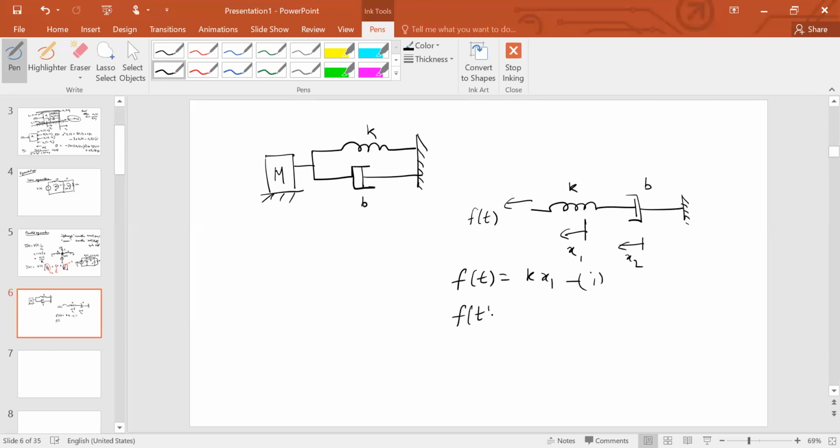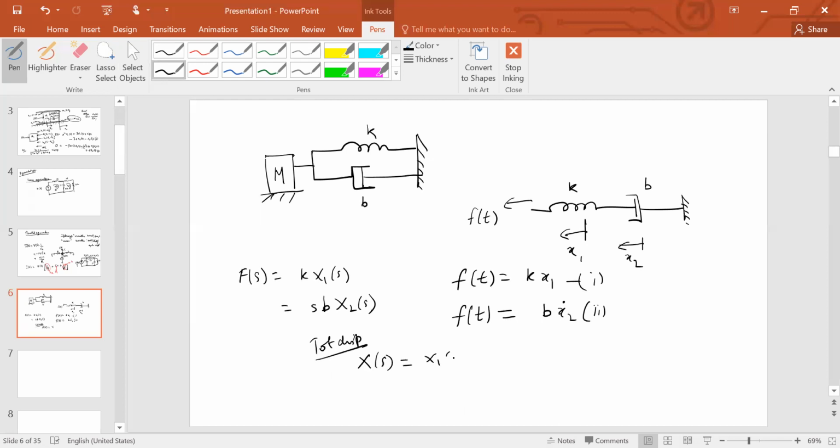And you would also know that F is equal to B times x2 dot. Taking the Laplace transforms, you would see that F of S is equal to K times X1(s), which is equal to SB times X2(s). Now the total displacement that results due to this application of the force is X(s), the total displacement.